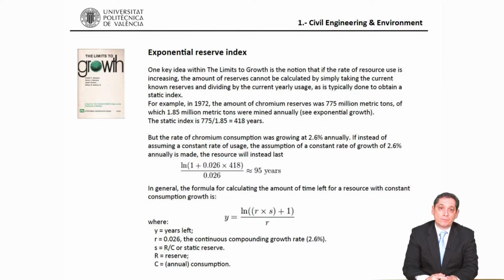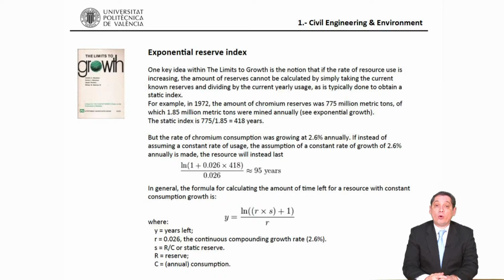For example, in 1972, the amount of chromium reserves was 775 million metric tons, of which 1.85 million metric tons were mined annually. The static index is therefore 775 divided by 1.85, so that is 418 years.